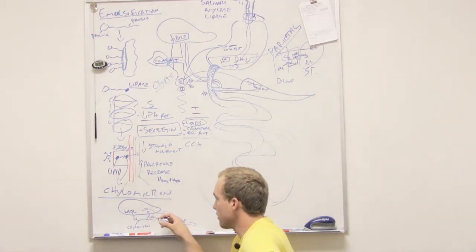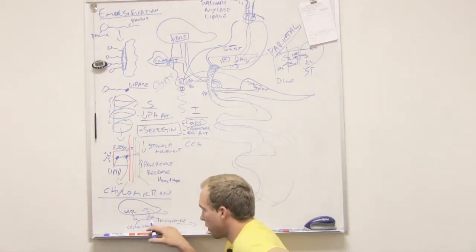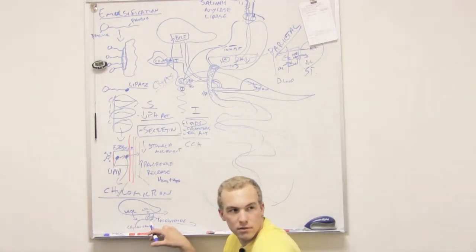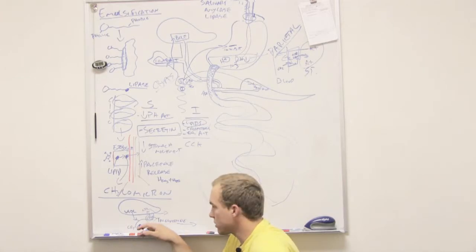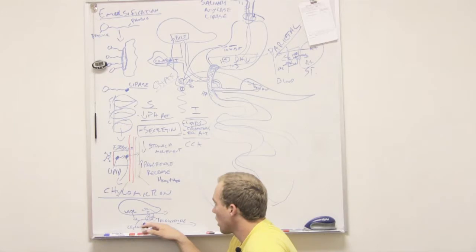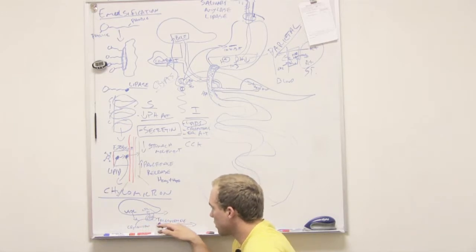And the LDLs leave, and so the LDLs are basically what? Cholesterol, right? Because cholesterol got ripped off of my chylomicron and my very low density lipoprotein, and it turned into triglycerides.